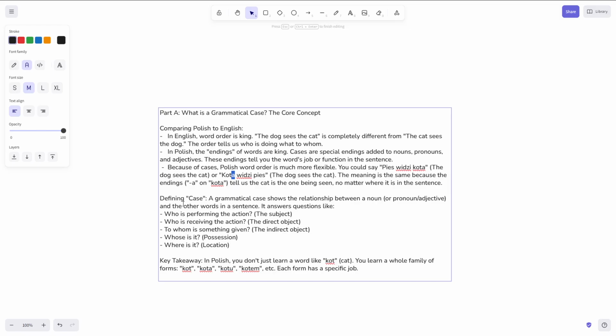Great. So, in general, a grammatical case shows the relationship between a noun, pronoun, or adjective and the other words in a sentence. So the case can help us figure out who is performing the action in that sentence, who is receiving the action, to whom something is given, whose it is, so who possesses a particular thing, or where it is.